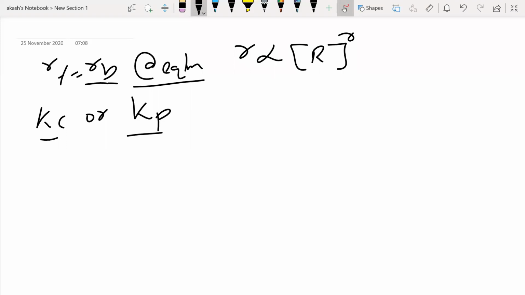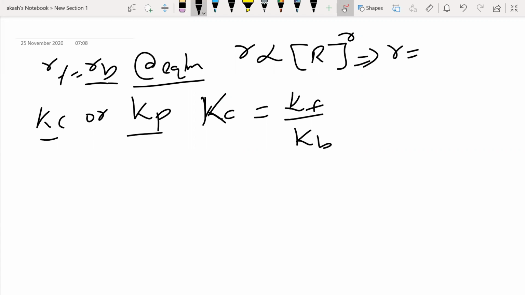So at last, what did I get? I got Kc. This is capital Kc, people. Capital Kc is nothing but the ratio of the forward rate constant divided by the backward rate constant. If you remember, since the rate is directly proportional to this, I can include a constant. Say for Rf, it will become Kf into the concentration to the power of some stoichiometric coefficient.